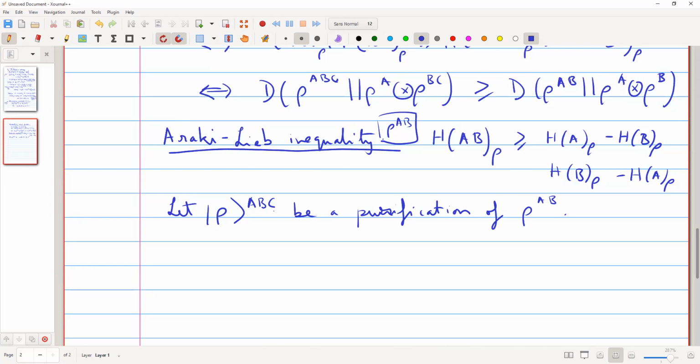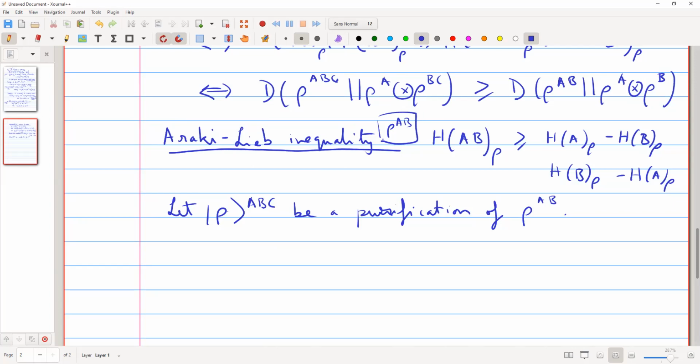Then I'll cook up a quantum state on ABC. That quantum state will happen to be pure. That means the quantum state is a rank 1 density matrix, which for simplicity I will describe by the vector, the eigenvector with eigenvalue 1. That is what I've written as ket rho_ABC.